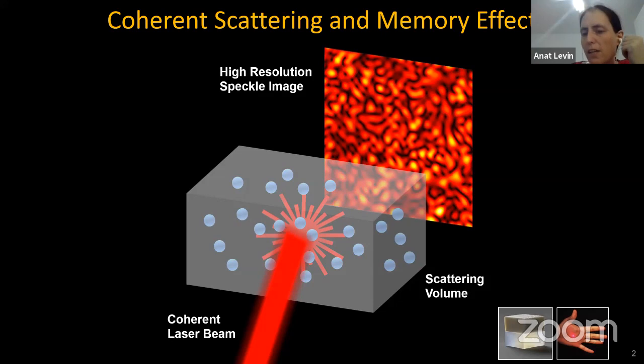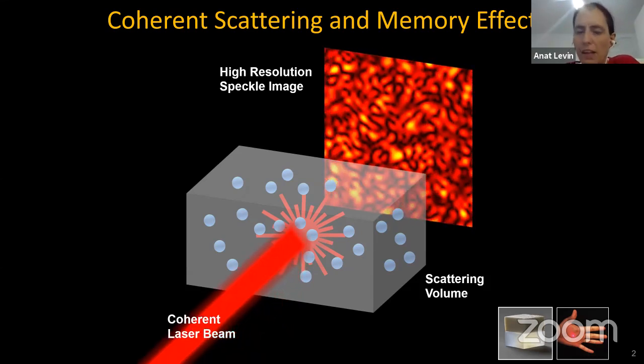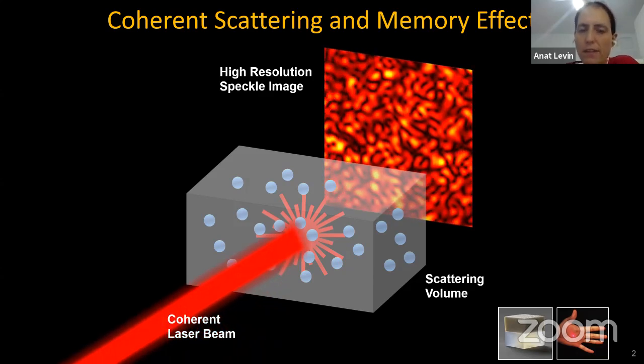Probably the most important property of speckle statistics is known as the memory effect, meaning that if you rotate the illumination direction, the speckles that you receive shift. Or, a different way to say it: the speckles that you receive from two nearby illumination directions are shifted, correlated versions of each other. It's a very important and useful property of speckles, and it has a lot of applications.